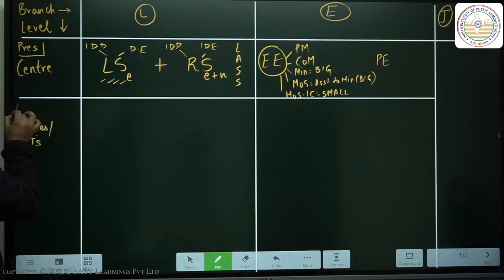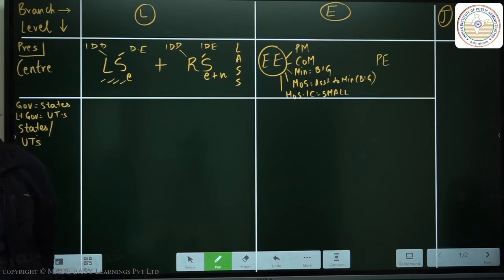Now we have the governor as the head for the states, and we have the lieutenant governor as the head of union territories. Okay, head of union territories.